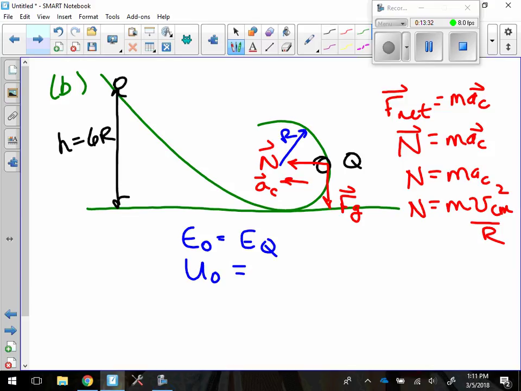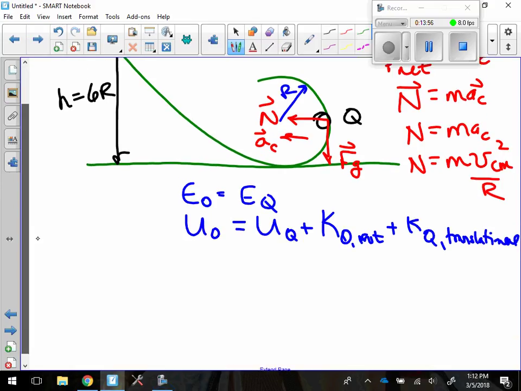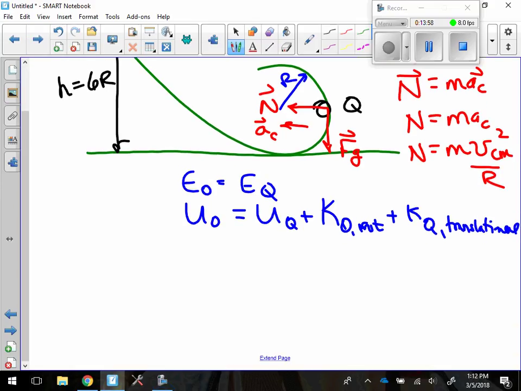We're going to assume it's released from rest, so there's no kinetic energy. I'm going to have some potential energy at Q, and then we're not going to make the same mistake again. At Q, we're going to have some rotational energy, and we're also going to have some translational kinetic energy, excuse me.